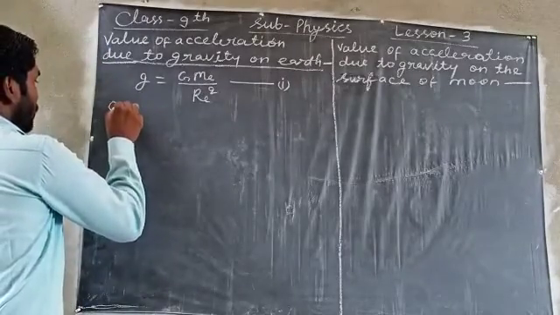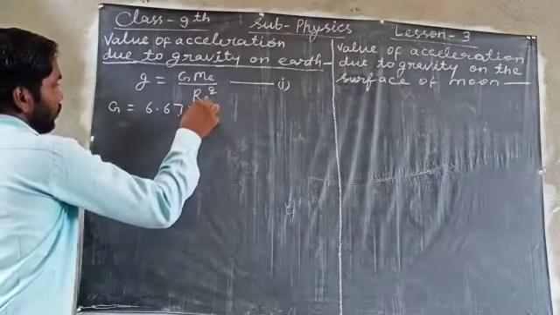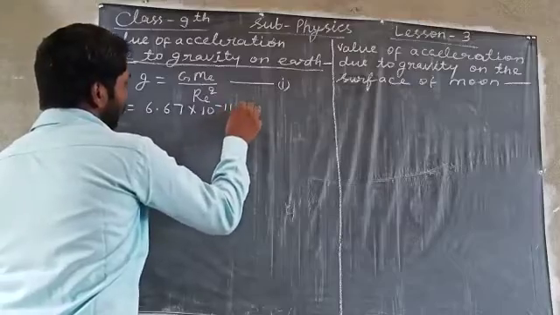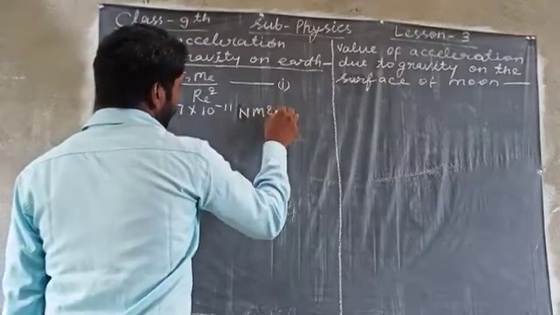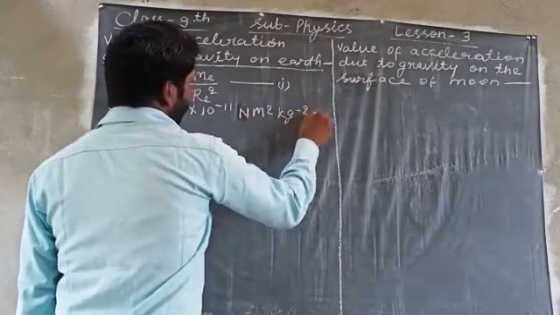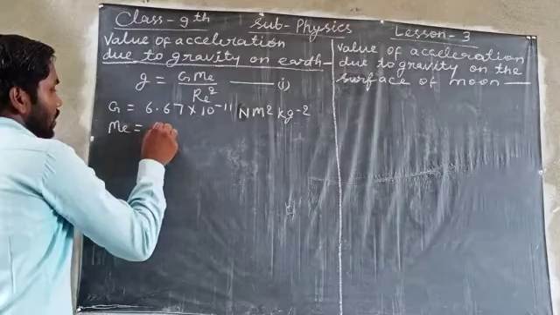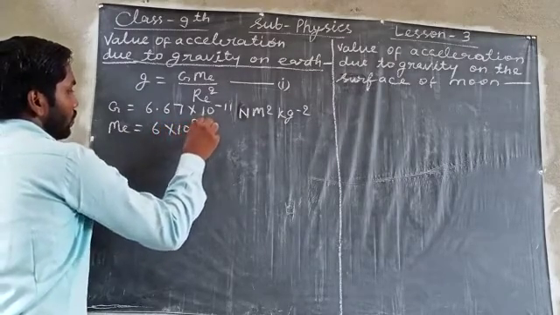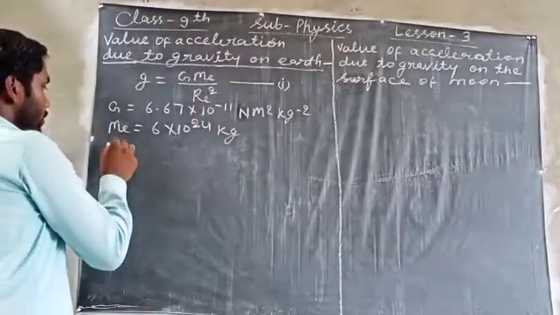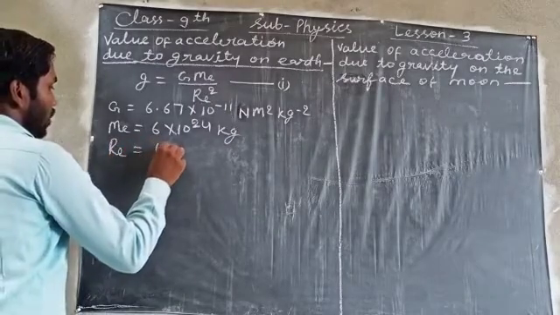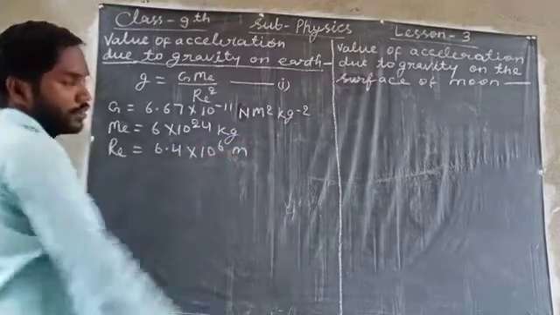As we know, G is the gravitational constant, whose value is 6.67 into 10 to the power minus 11 Newton meter square per kilogram square, or kilogram minus 2, and the mass of earth Me is 6 into 10 to the power 24 kilogram, and Re, the radius of earth, is 6.4 into 10 to the power 6 meter.